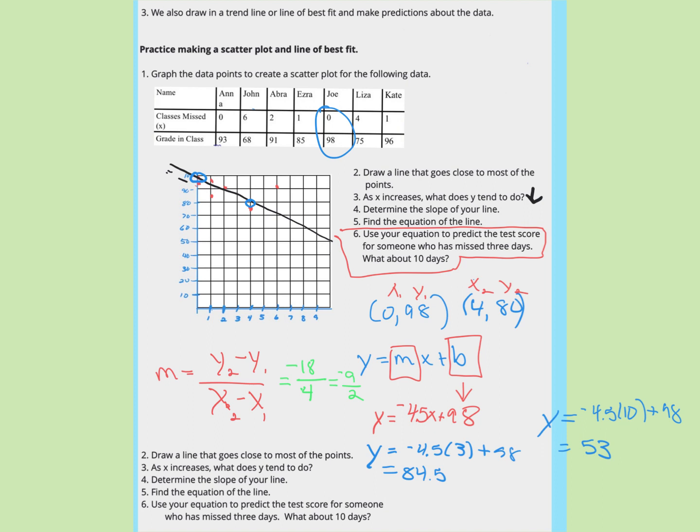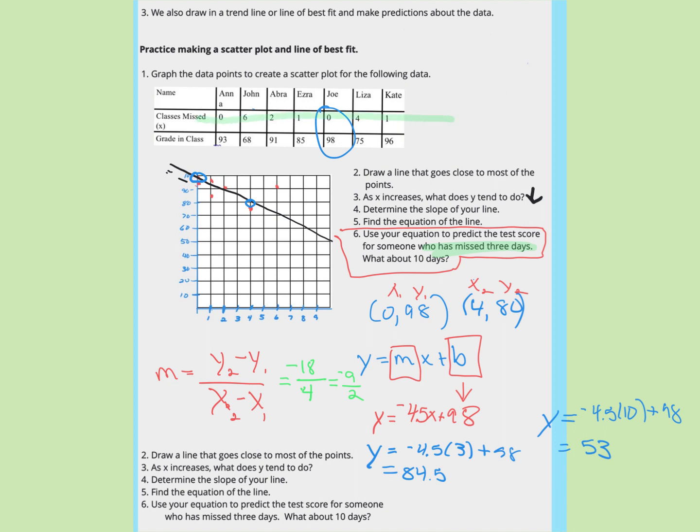Something you want to think about with your estimates is when we are estimating values in between the data. When I was looking at 3 days missed, notice that 3 days was inside the data values that I had graphed. The classes missed went from 0 to 6.